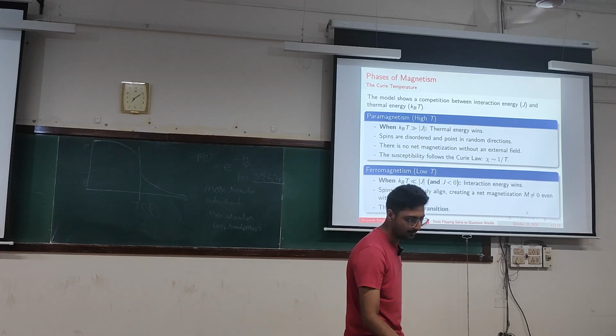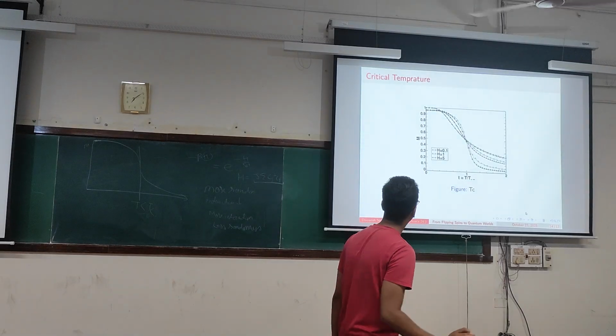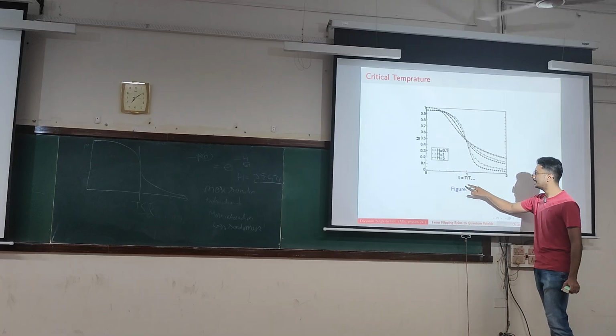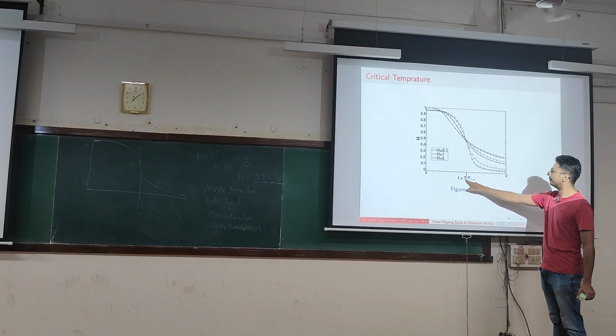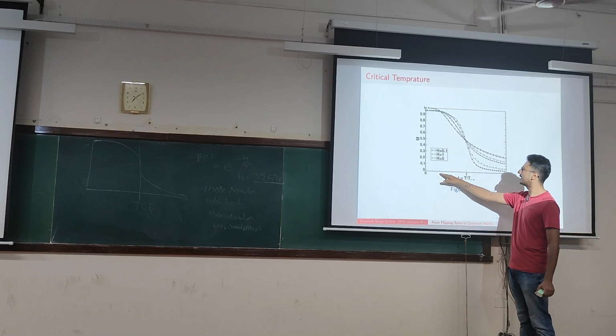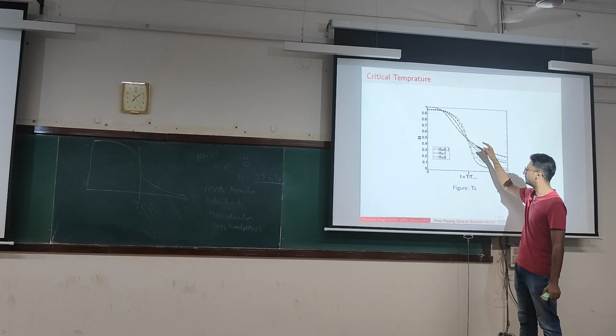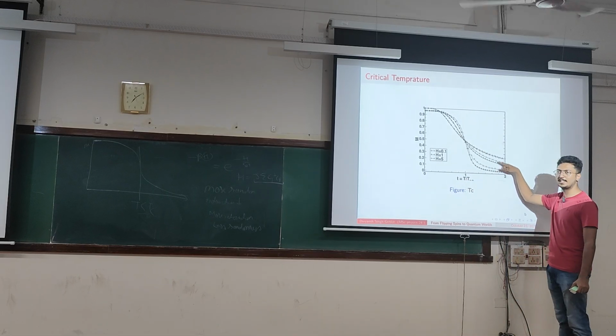When the temperature is much less than the critical temperature, you will see more magnetism, and when it is higher, you will see less magnetism.